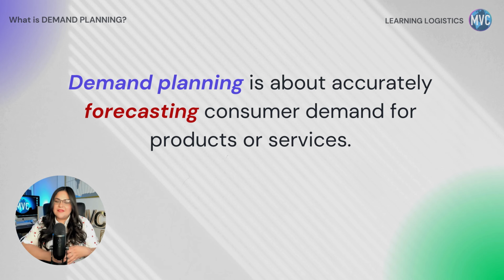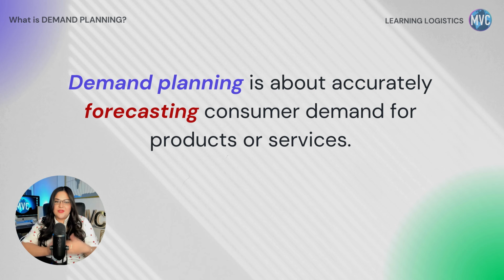In demand planning, we want to forecast. What does it mean by forecast? I've mentioned this already in previous lessons. Forecast is trying to predict, trying to foresee the future. We're fortune tellers here, foreseeing the future in a way that we can implement that into our production schedules, into our manufacturing schedules, into our distribution processes.